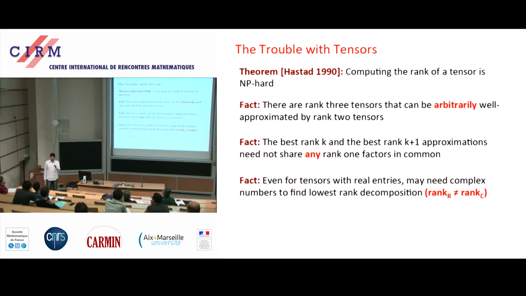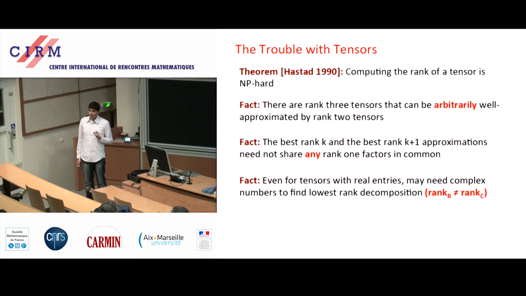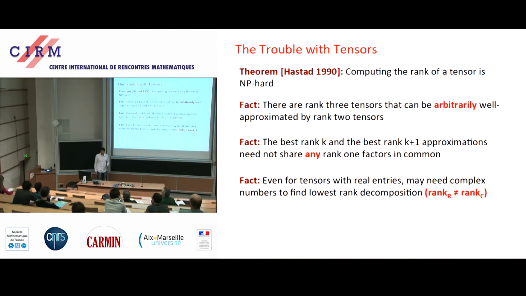What's confusing me is that for matrices, it is true that there are high rank matrices that are approximated by low rank. Yes. But it's the quantifiers, right? There is one fixed rank 3 tensor, which is arbitrarily well approximated by rank 2 tensors. So even though it's not perfectly rank 3, for any epsilon, there is a rank 2 tensor that's epsilon close.